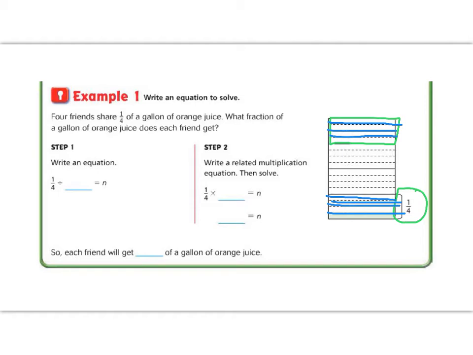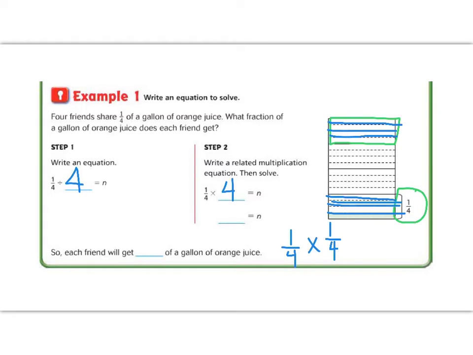So first off, let's write an equation. We have 1/4 divided by 4 friends is going to equal how many each friend gets. So let's practice our keep, change, flip. We're going to keep 1/4, change our operation, and then flip 4 upside down gives us 1/4.